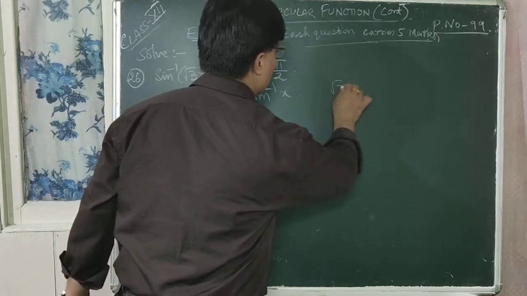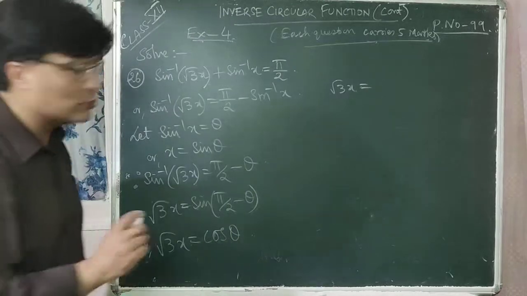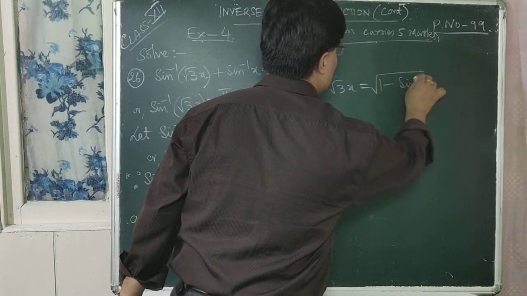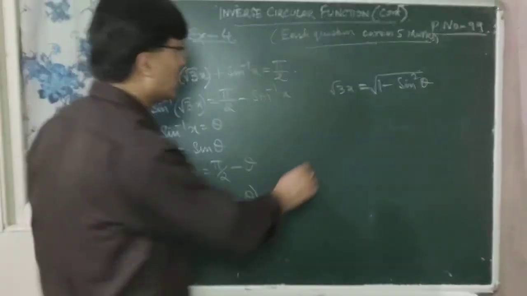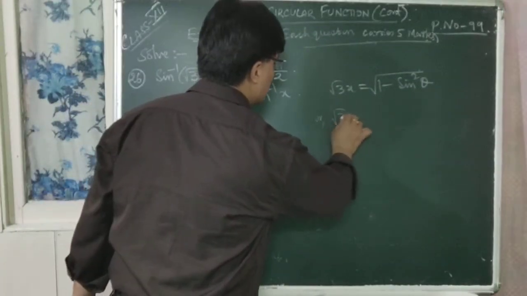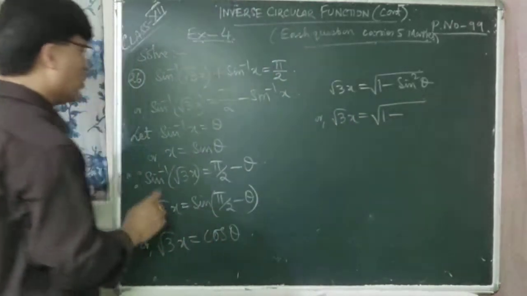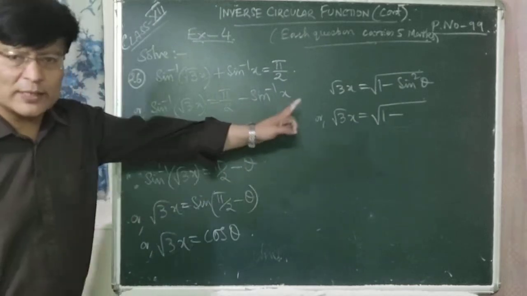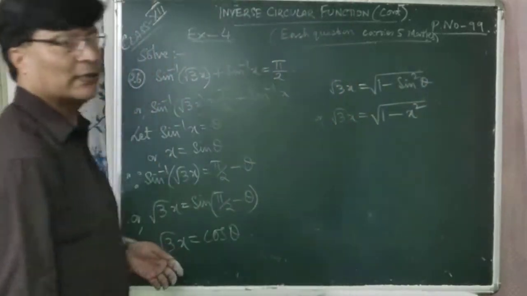So root over 3x is equal to root over 1 minus sine square theta. Is that clear now? So root 3x is equal to root over 1 minus, what is sine square theta now? Since sine theta is x here, sine square theta is x square, right?